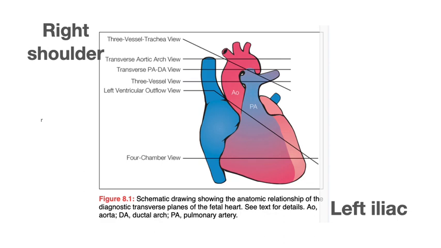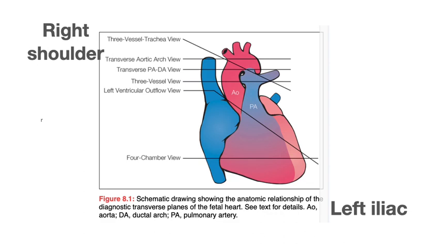And I put in this right shoulder, left iliac thing, just because a lot of times in these mock exams, they'll ask you how to turn the transducer to get the next view. And a lot of the ones in the heart, you're going to turn to an oblique angle, and they frequently describe it as up from the fetus's left shoulder to the left iliac.